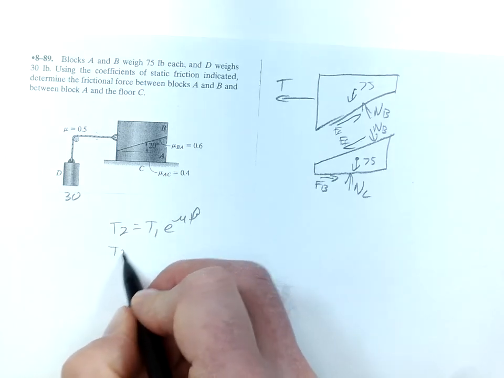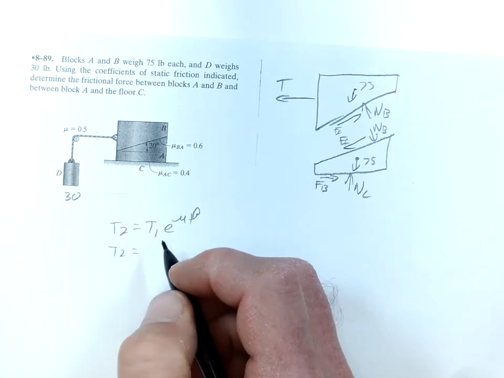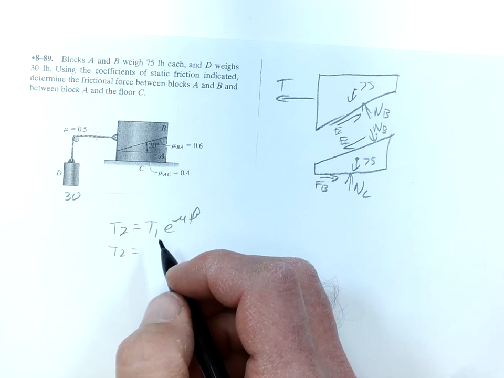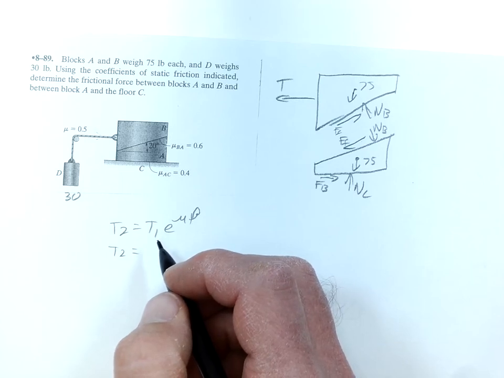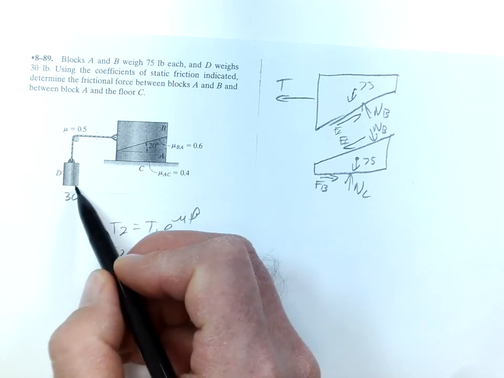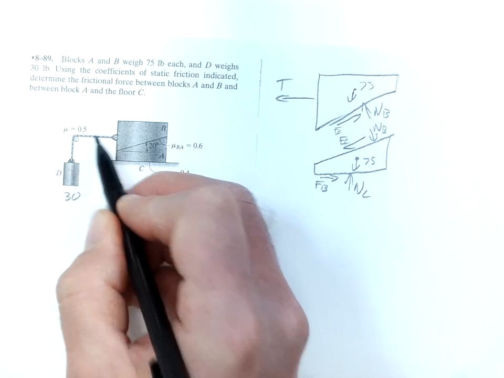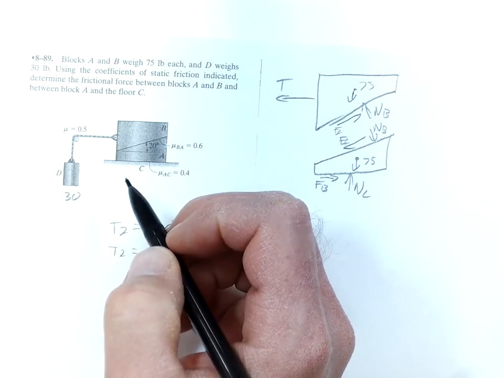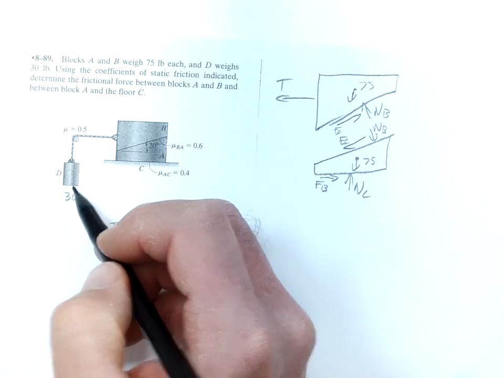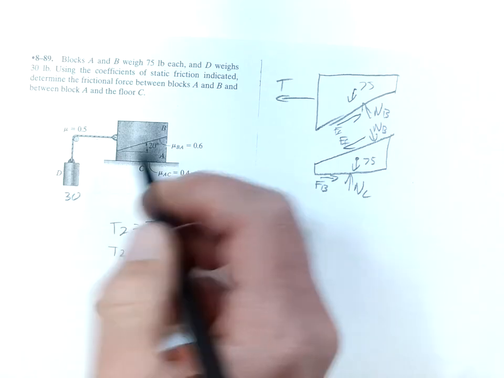So T2 is equal to T1, is this one because it's trying to pull. Yeah, 30 is the T2 and this is T1.